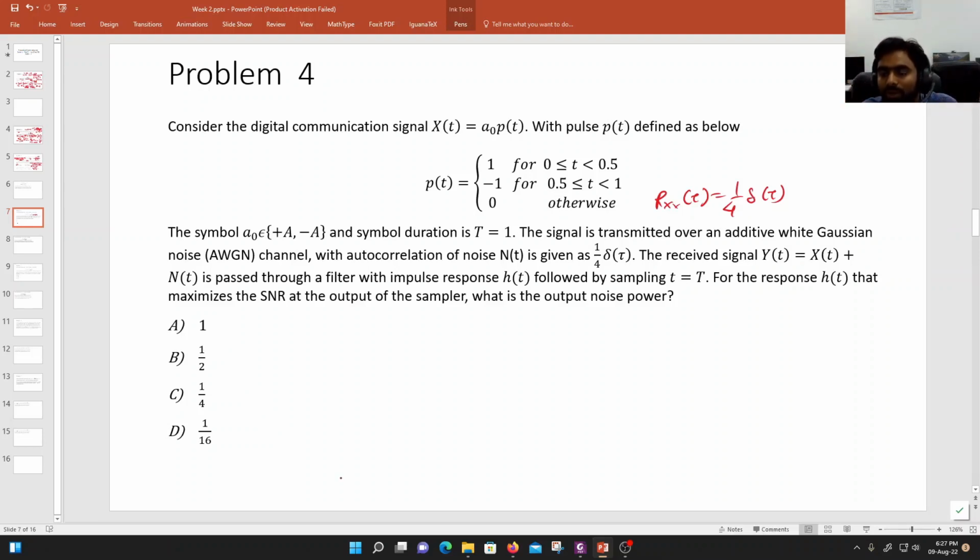So here we have to calculate the output noise power for the same filter h(t).